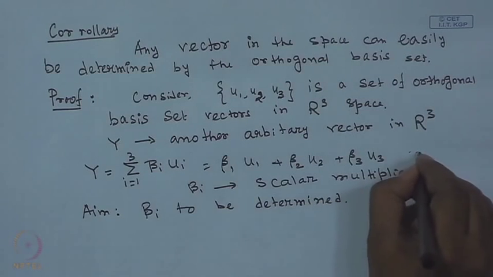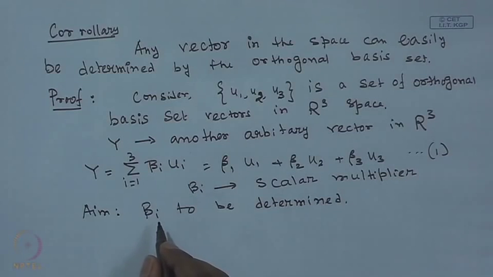Suppose this is equation number 1. If we take the inner product of this equation 1 with respect to u1, let us see what we get.